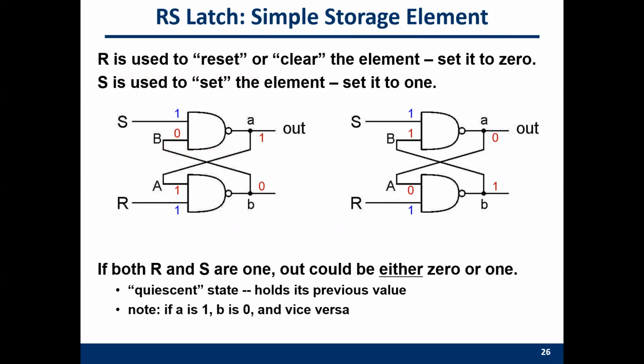So this is one simple storage element. This is the so-called SR latch. This is a NAND gate, and this is the second NAND gate. The structure of the SR latch is very simple, just two NAND gates.